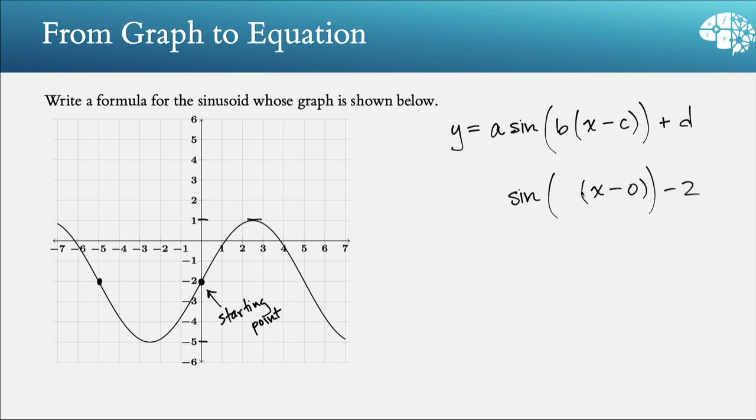The number in front of the x, this is really cool, because I know that 2 pi divided by that number is the period, which actually means that 2 pi divided by the period is this number. So you can always just do 2 pi divided by the period. Now, the period might be hard to see.